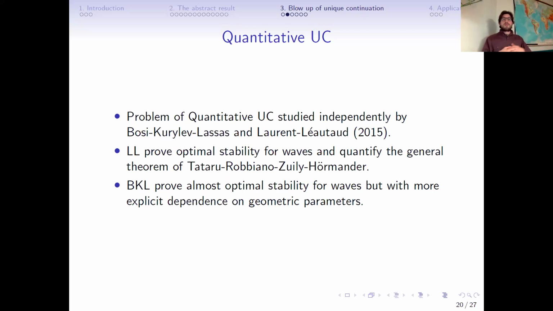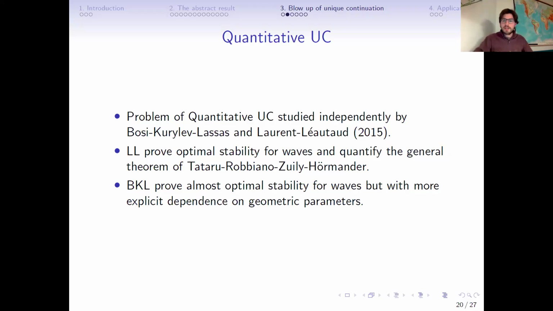In the work by Laurent-Léautaud, it's optimal stability, and they quantify the more general theorem. In the Bosi-Kurylev-Lassas work, they have some more explicit dependence.